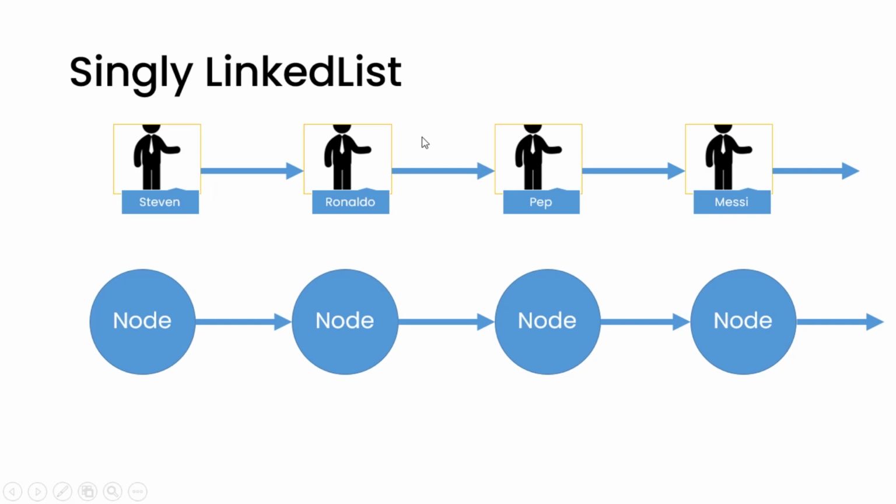This is how a linked list can be seen, but we look at it as nodes. Steven is considered a node, Ronaldo is considered a node, and Pep is considered a node, and each node is pointing forward. So this node points to the next node, and this node points to the next node, and this node points to this node. And no node can go backward because it's a single linked list.